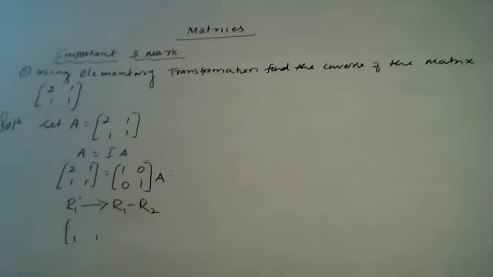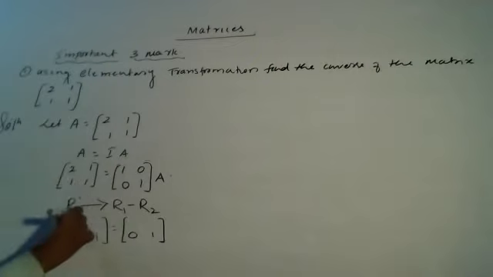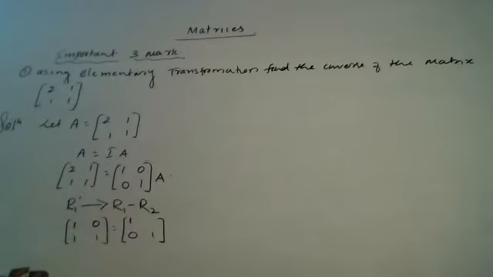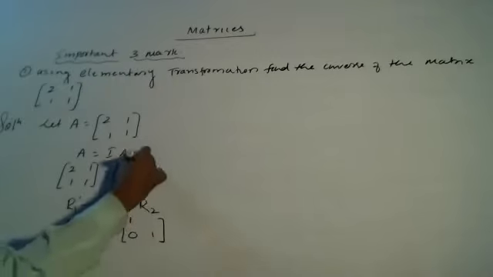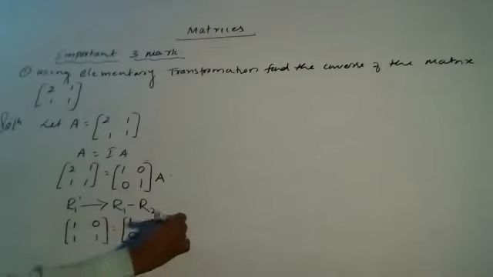Please observe: R1 minus R2, 2 minus 1 is 1, 1 minus 1 is 0. On the other side, 1 minus 0 is 1, and 0 minus 1 is -1. A I'll keep as it is.